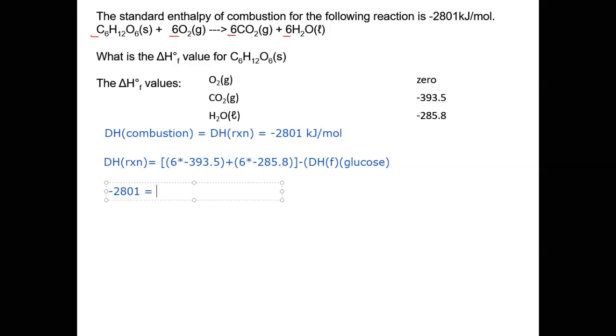So we get this equals negative 4,076. Let me double check. Yep. Minus the delta H formation of glucose.